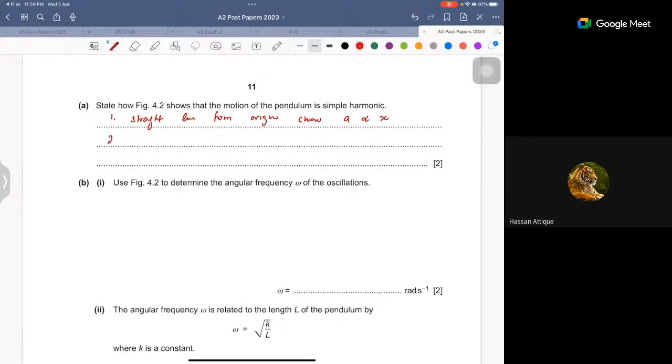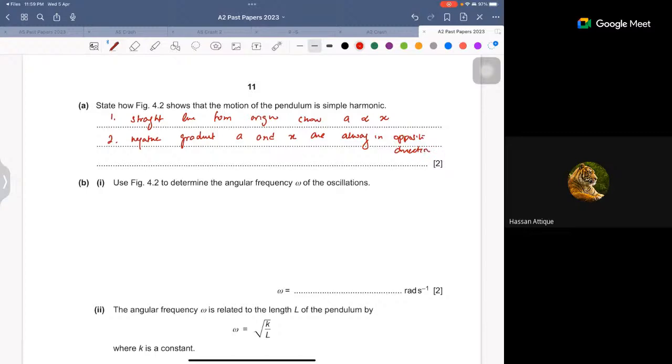And the other thing is that it has a negative gradient. Negative gradient means that acceleration and displacement are always in opposite directions. So that's basically the definition of simple harmonic motion.